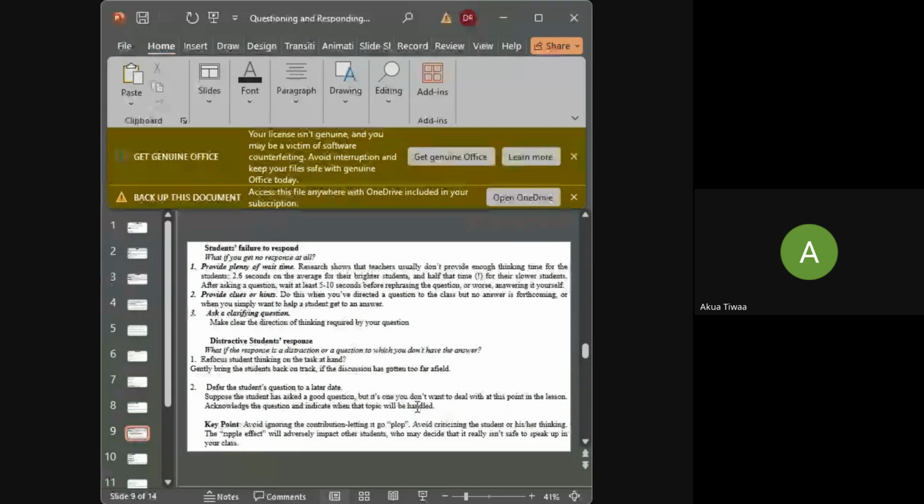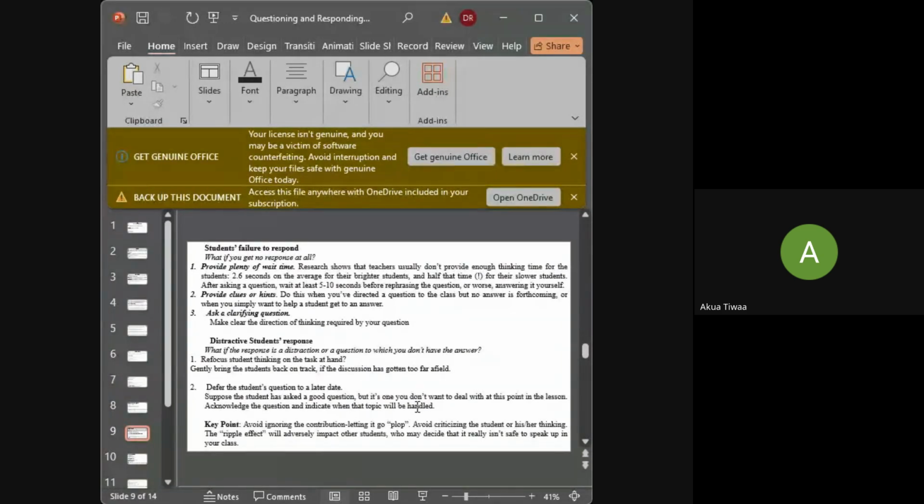And then what if the student's response is a distracting one, or a question to which you don't have the answer? What you do is you refocus the student's thinking on the task at hand.